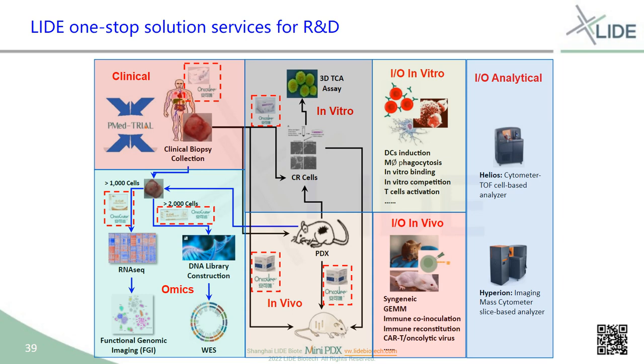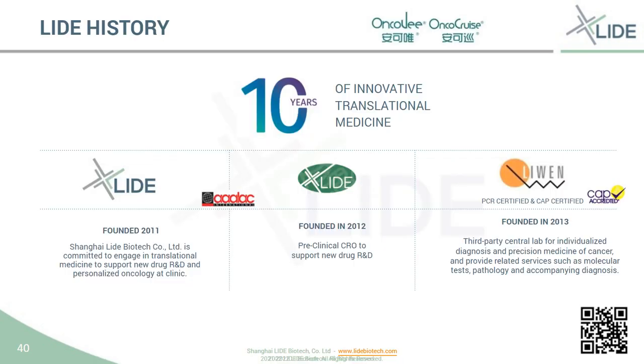We started from clinical samples managed by a PMED trial database, followed by key cell sequencing based on 1,000 or 2,000 cells, primary tumor conditional reprogrammed cell construction, and make humanized patient-derived xenograft PDX models for various cancer drug evaluation. Thank you so much.